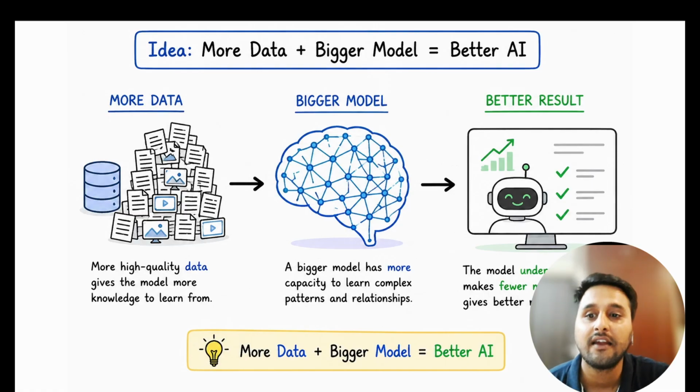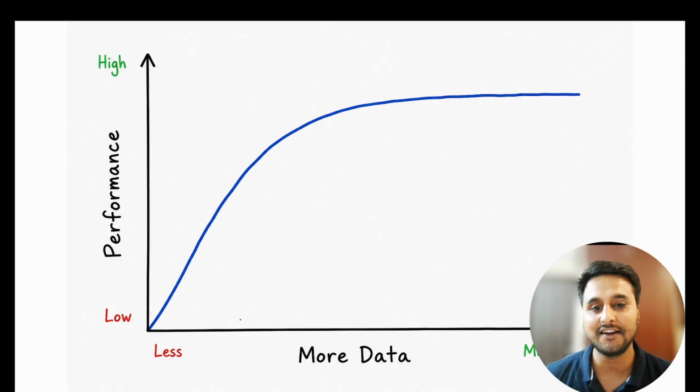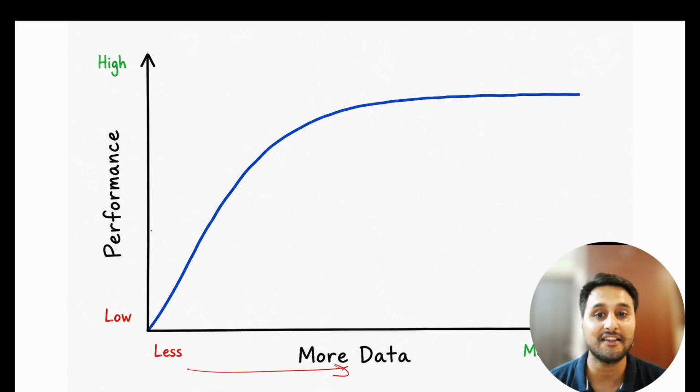But this graph shows you that the x-axis shows more data and the y-axis is the performance. As we increase the data, the performance increases rapidly at the start, but it slows down at this point. And then after a certain point it becomes stagnant and is not improving.